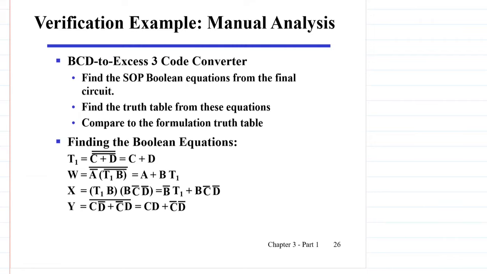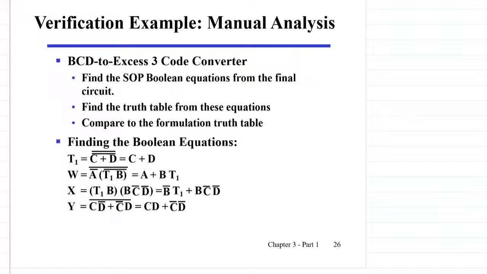Let's go through an example here for the verification. First, we will do the manual analysis. Let's say that we have the BCD to XS3 code converter. It's an example from the previous part of the same lecture. We need to find the SOP, sum of products, Boolean equations from the final circuit that we already have designed, and then find the truth table from those equations.